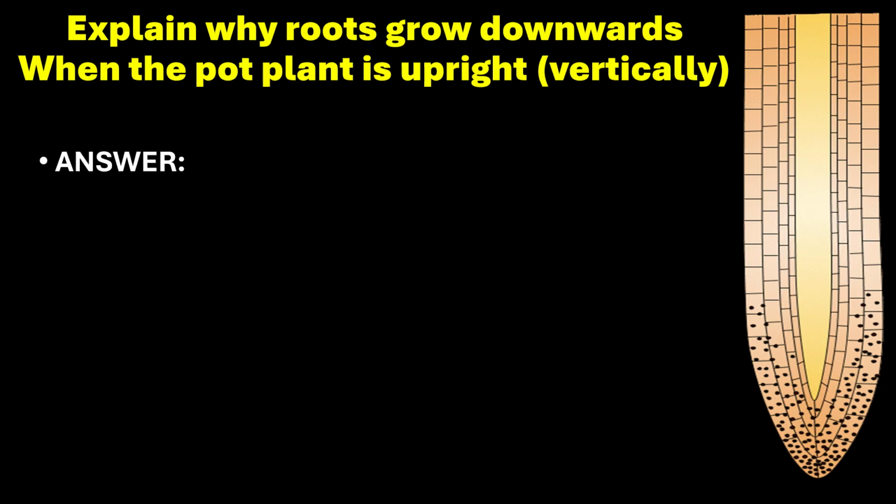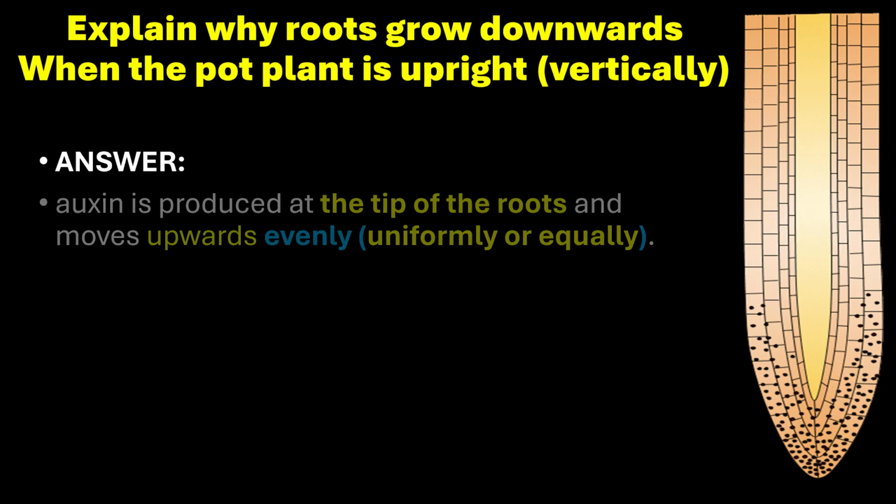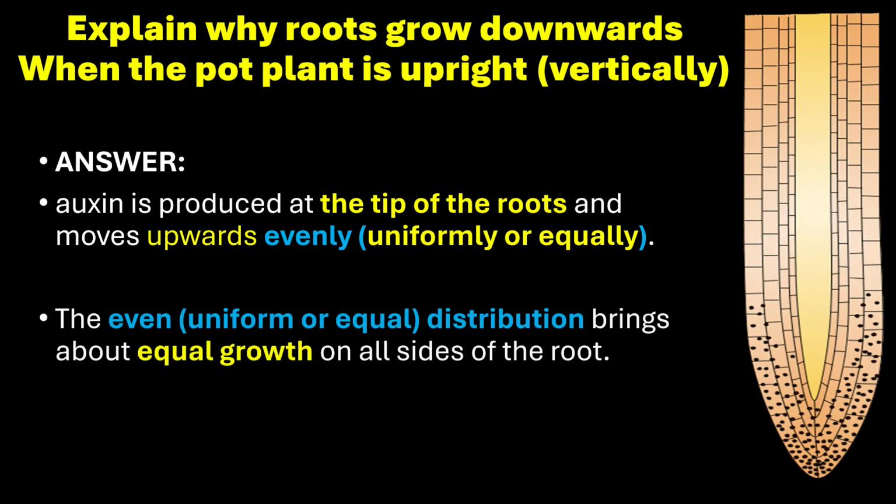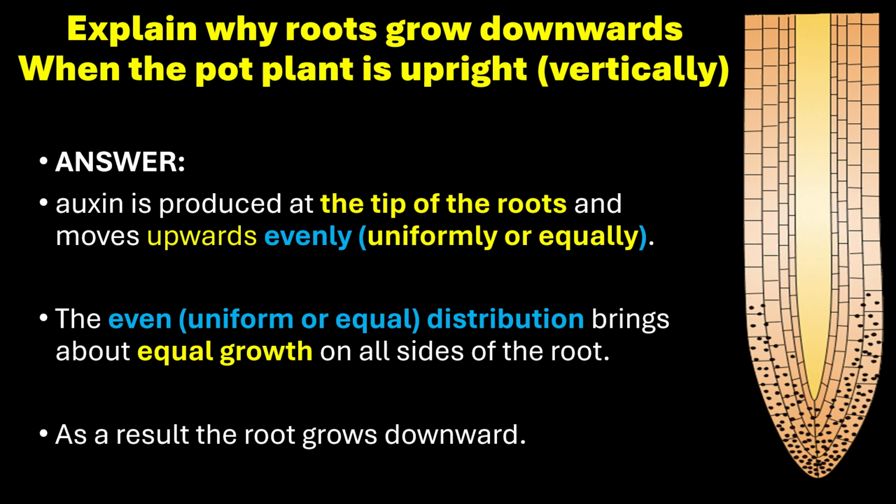This is the root. Why will it grow downwards? What will be the answer? The answer is because auxins are produced at the tip of the roots and then move evenly. The auxins are produced here and will start flowing uniformly. The uniform distribution brings about equal growth on all sides of the root, and hence it will cause the root to grow downwards.